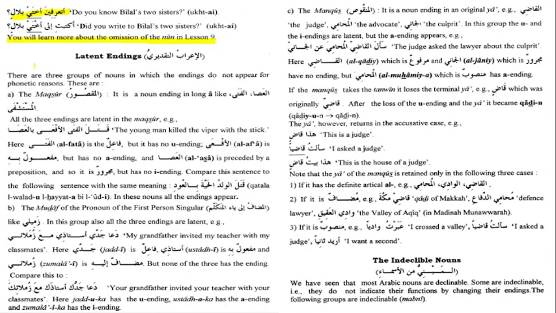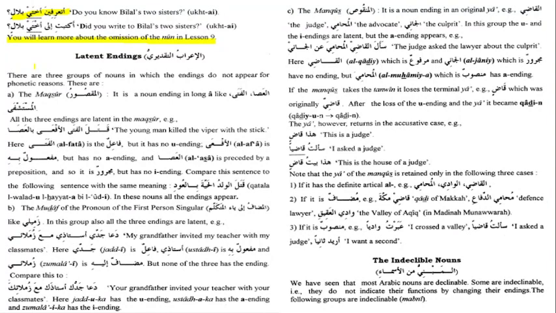So the noon has been dropped. We'll learn this in detail in lesson 9, but the basic thing is when you have a musanna, a dual, coming as a mudaf, you don't use the last noon. The last noon is dropped when it becomes a mudaf. So this is mudaf to Bilalin. So instead of ukhtayni, it became ukhtay.